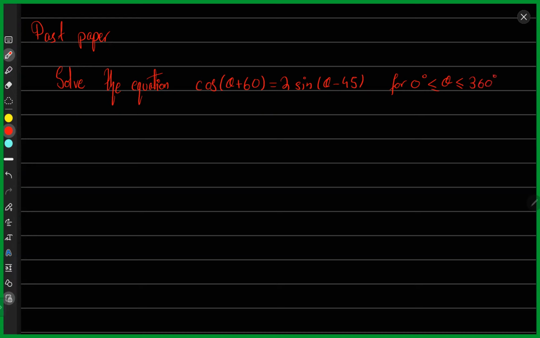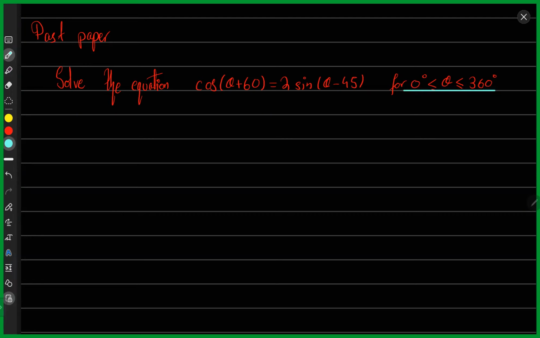Okay, here the question says, solve the equation cos theta plus 60 equals to sine theta minus 45 for theta that is between 0 and 360 degrees.